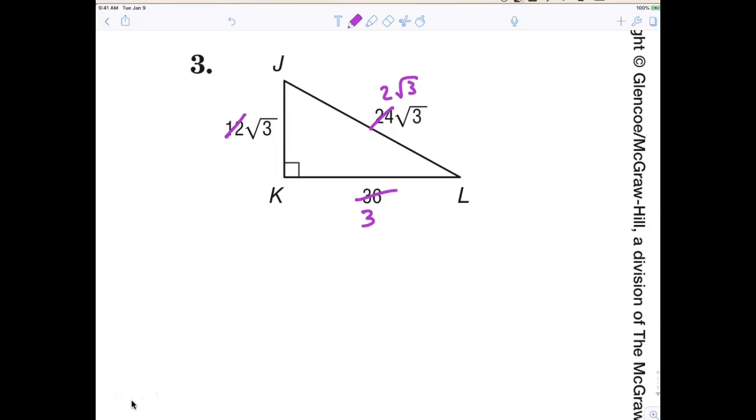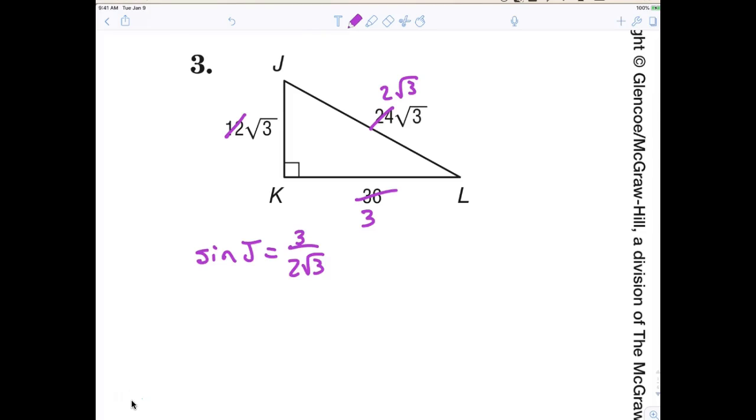Now, I want the sine of J. Somebody tell me what the sine of J is. 3 over 2 radical 3. I don't care about rationalizing the denominator right now. That's not the lesson. Just leave it like that.